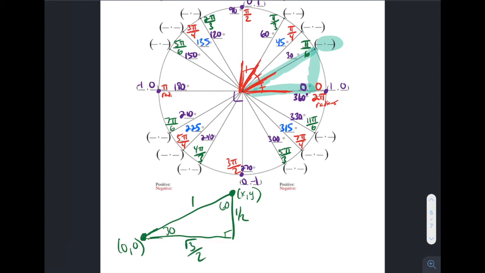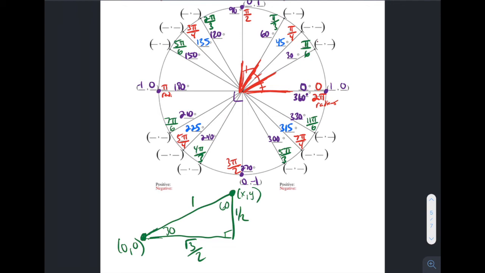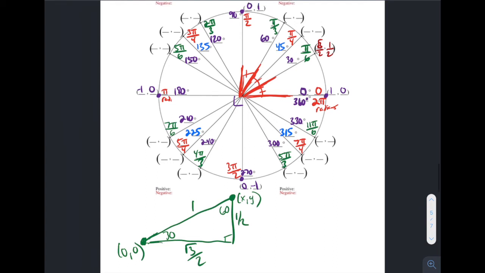So I'm going to go right √3/2 units, and I'm going to go up 1/2 unit. That would mean that if I start at 0, 0 and go right √3/2 and up 1/2, that's actually the coordinate for this point. So the coordinate up here is going to be at √3/2, 1/2, for that particular point.